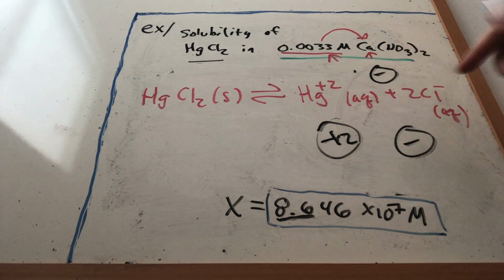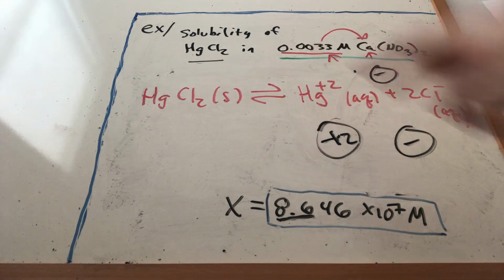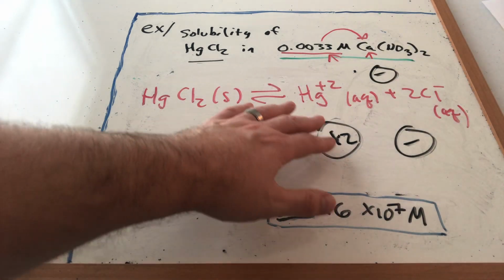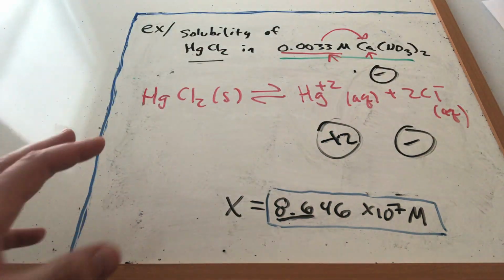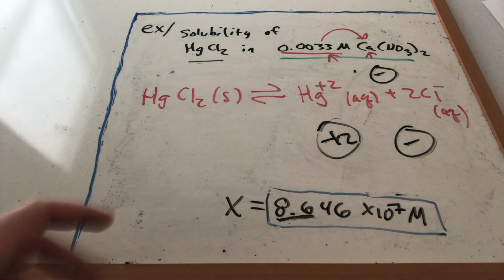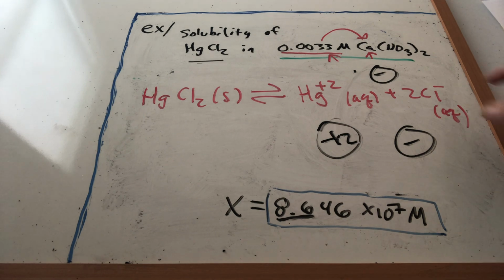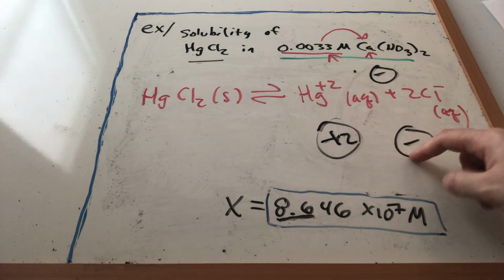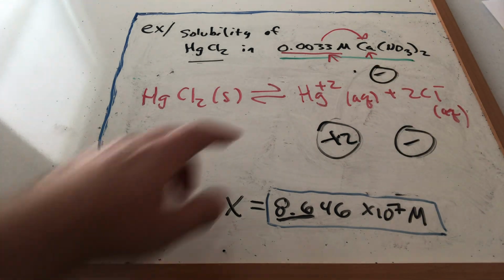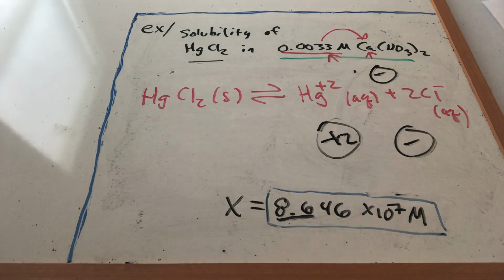Are these guys going to get in the way of this process? Are these guys going to affect these ionic atmospheres to the point where we really can't say it's just a free-floating Hg plus 2 and a free-floating Cl minus, purely dilute and far away from each other? These guys definitely have an impact on what these guys do in solution.